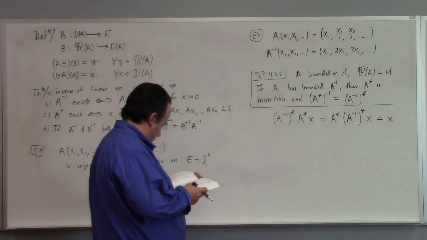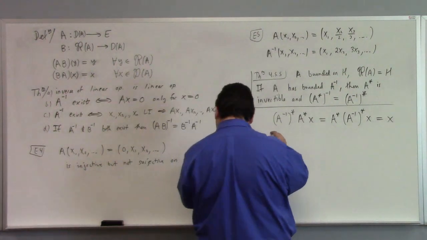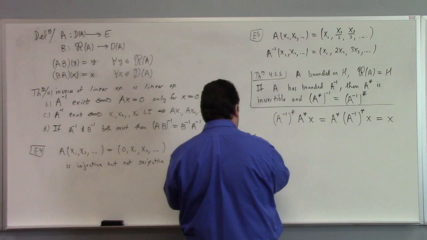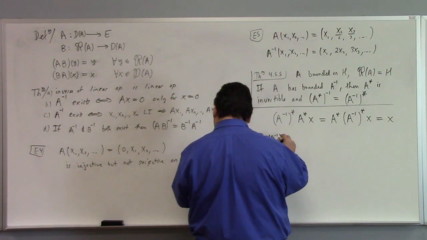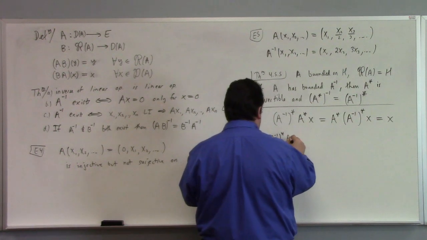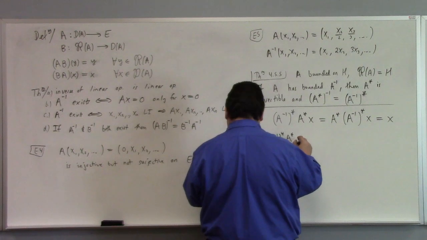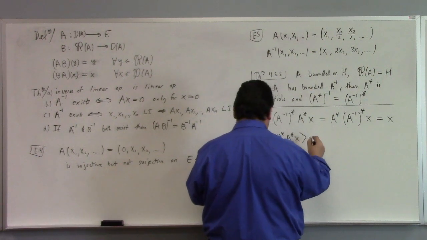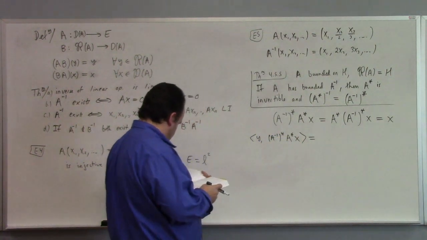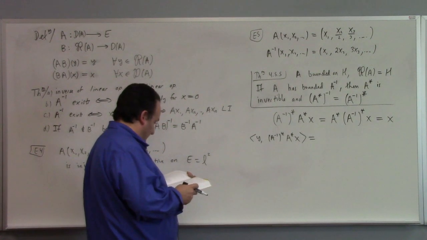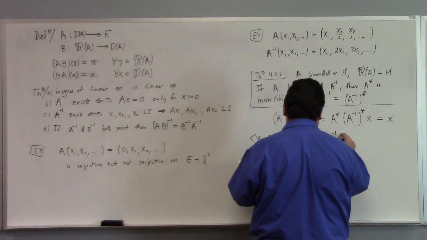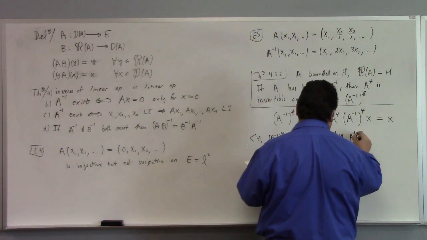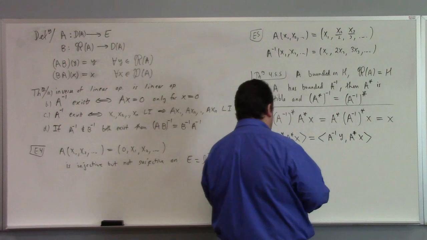And let's see here. So what he does is he looks at the inner product of Y with (A inverse) adjoint A adjoint X, and first of all he brings the A inverse back to the other side, right?